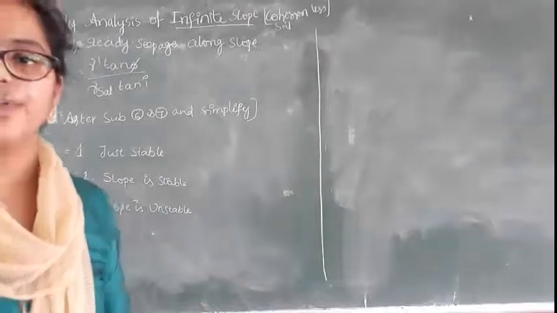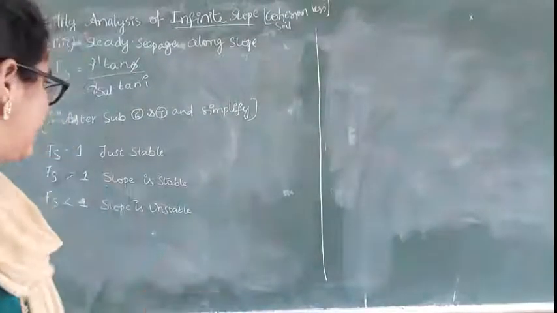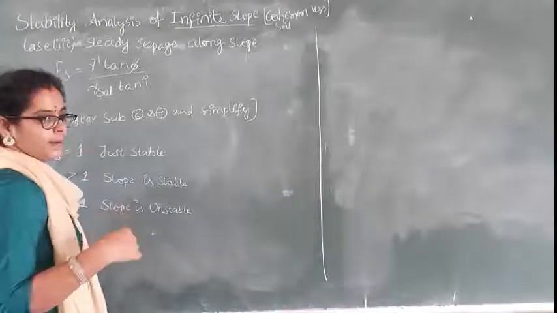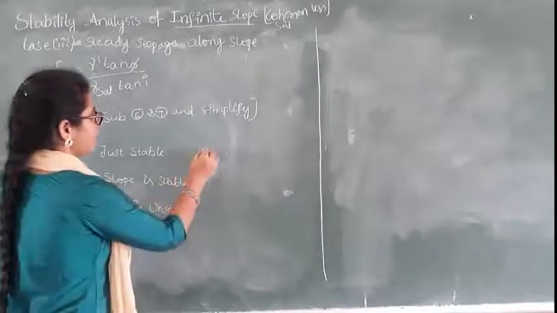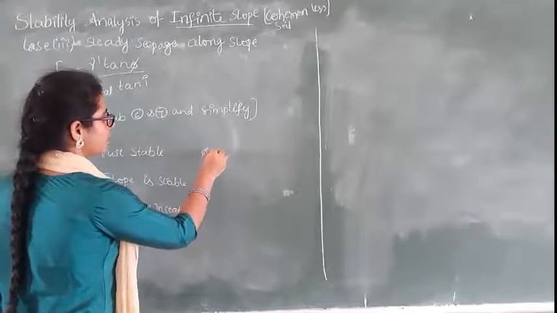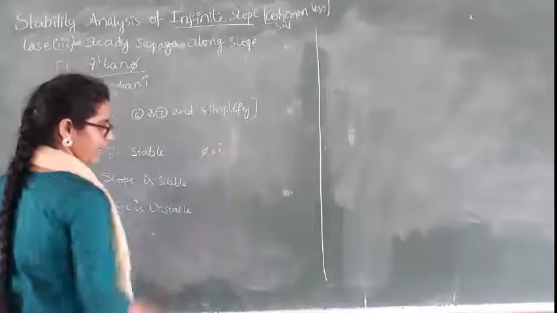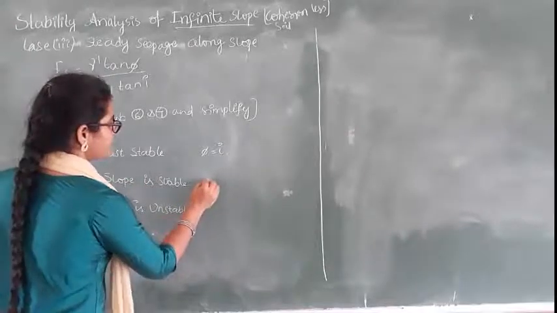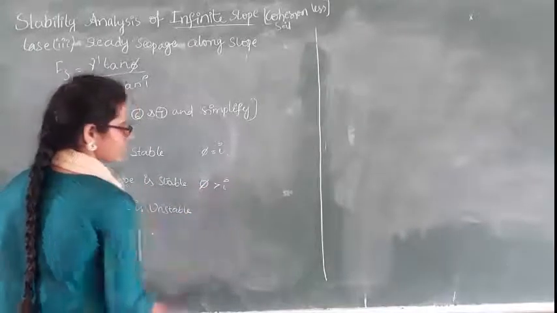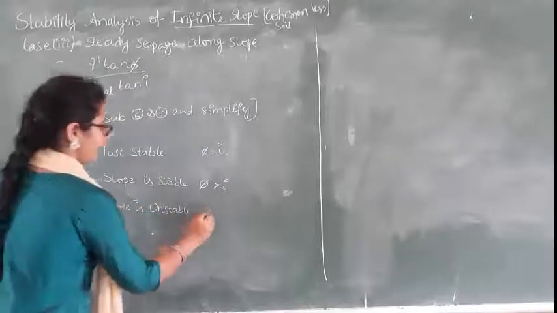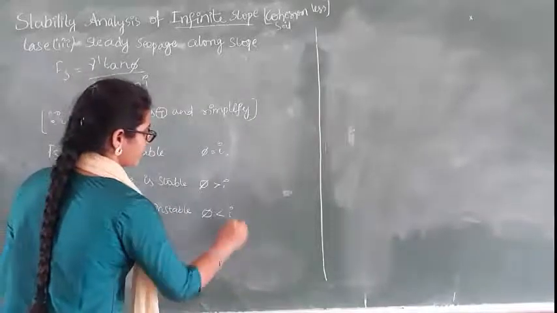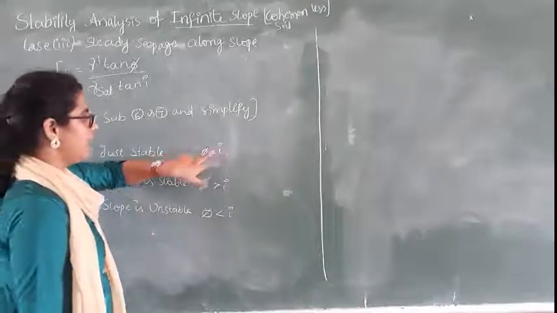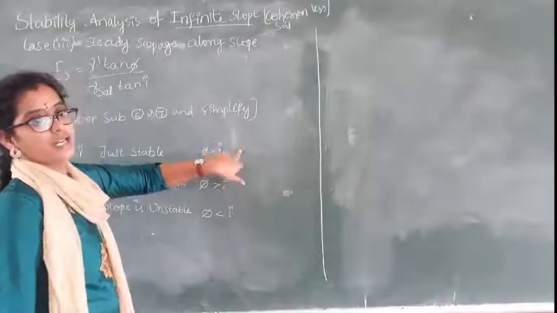If you do the analysis, you can understand that the factor of safety will be equal to 1 when phi is equal to i, it will be greater than 1 when phi is greater than i, and less than 1 when phi is less than i, right? What is phi? Angle of shear resistance or friction angle, and i is the inclination of the slope.